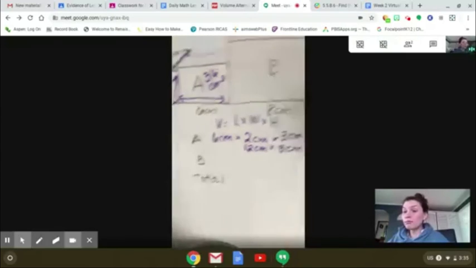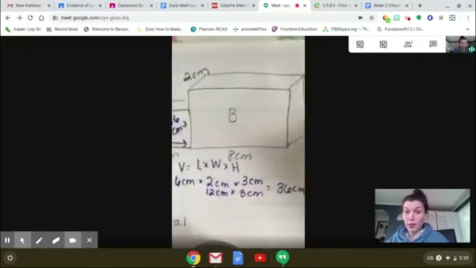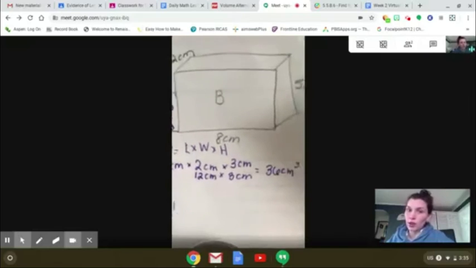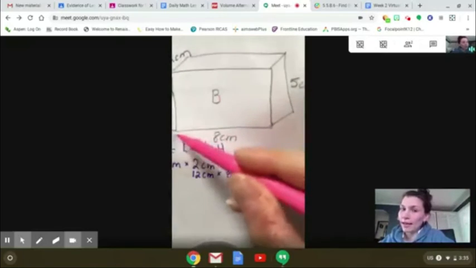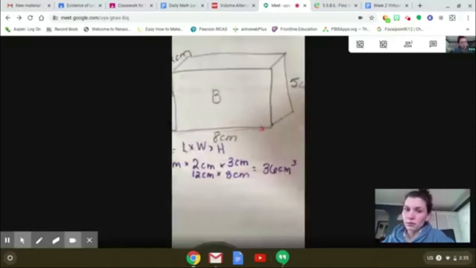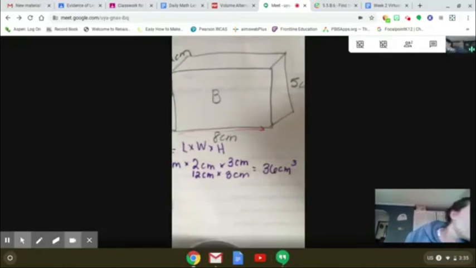Now we're going to move on to prism B. Okay, so that's the bigger prism. If we take a look at this shape, it has a length. I'm going to use a different color so you can see a little better. Sorry about that, guys.